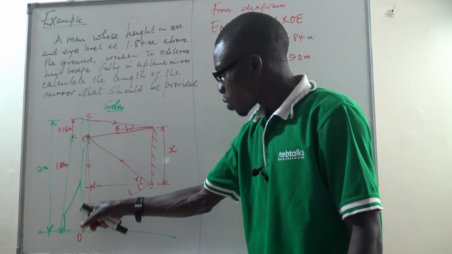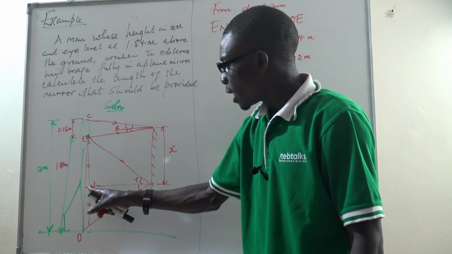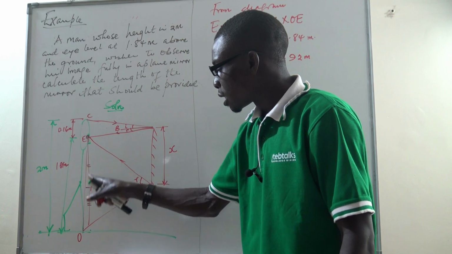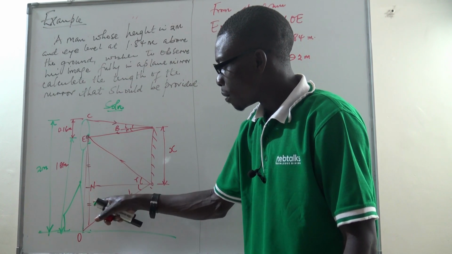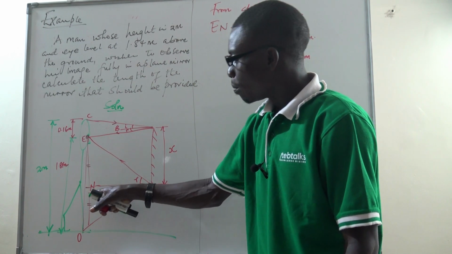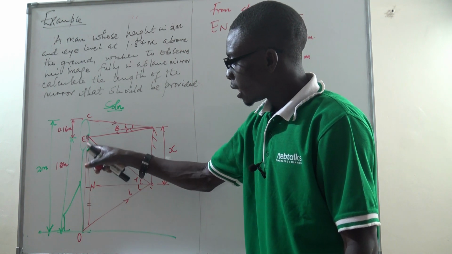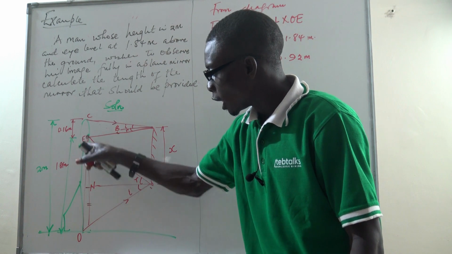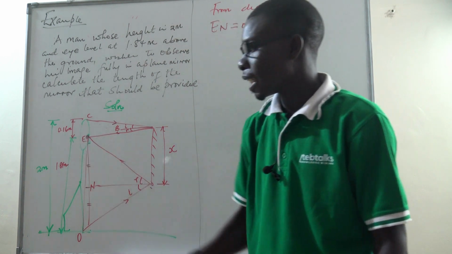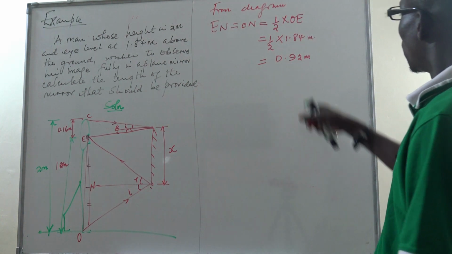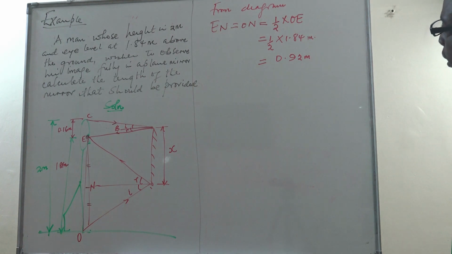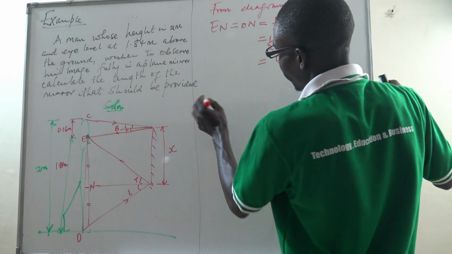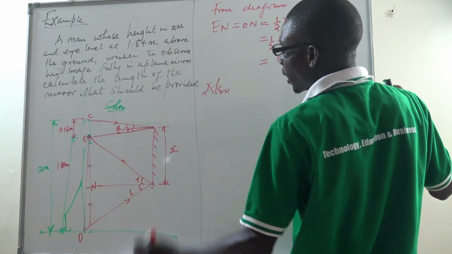And if you join this triangle here, you realize that they're all sharing this height here. So if this angle is the same, that means this also is the same. That is to say ON is equal to NE. And if they are the same, that means that they will be half of the total length here. And that is half of 1.84, that is giving us 0.92.